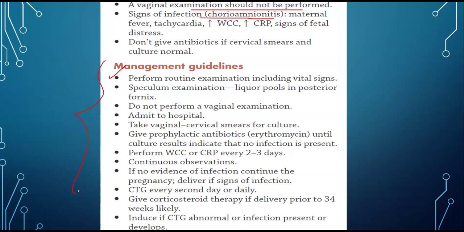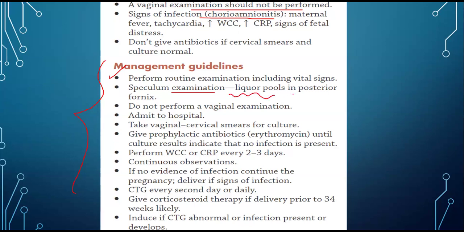First thing is you do a routine examination, including the vital signs. Then you do a speculum examination. In a speculum exam, you would be able to check the cervix. And in the cervix, you can see that there is pooling of liquor in the posterior fornix.